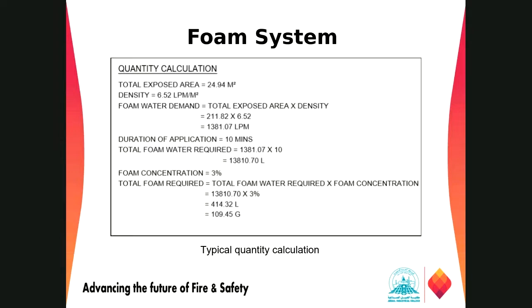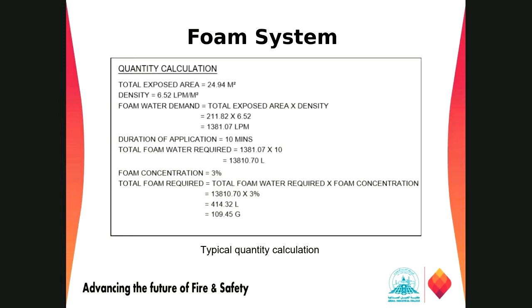Then quantity calculation means what should be the quantity of the foam solution, right. Suppose your total exposed area is 25 square meters and the density requirement is 6.52 liters per minute per square meter, right. So the foam water demand will be 211.82.